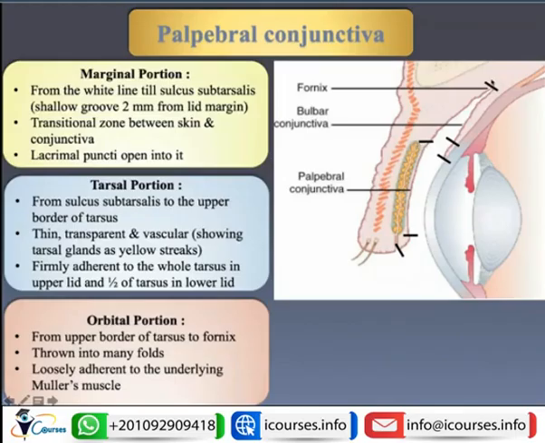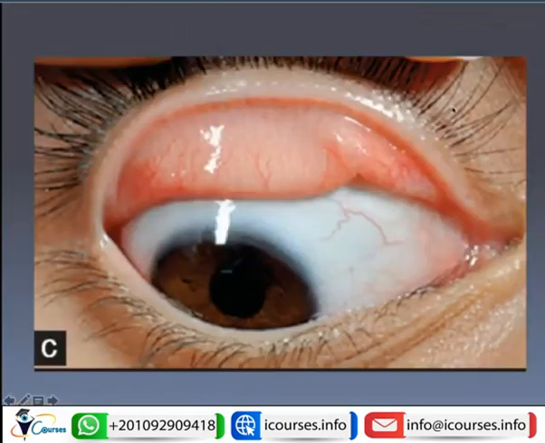This portion is loosely adherent. So the tarsal part is firmly adherent, while the orbital part is loosely adherent to the underlying muscle. Here you can see the yellowish streaks of the tarsal part of the palpebral conjunctiva, which are the striations of meibomian glands or tarsal glands.